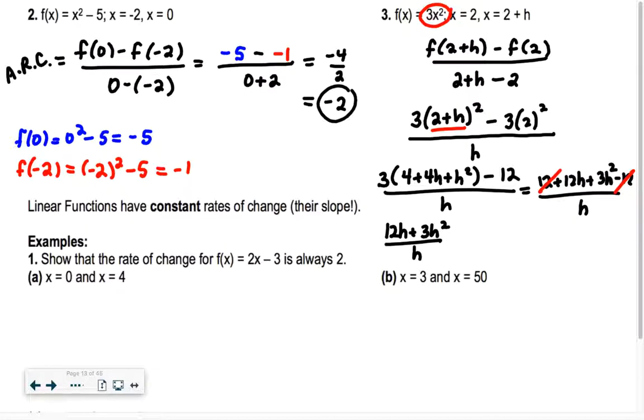Do we see it? I used to draw that cheesy heart like that. Do you guys remember? The h goes into both the 12h and the 3h squared. In other words, what we're doing is factoring an h out, and then we're reducing. So our final answer is 12 plus 3h.